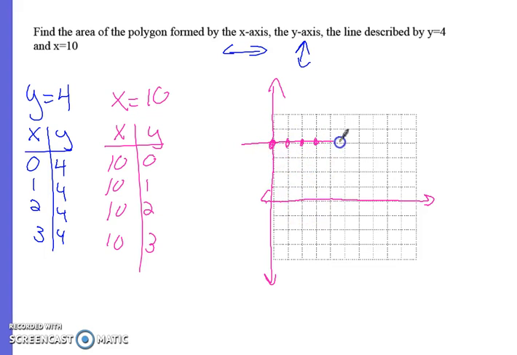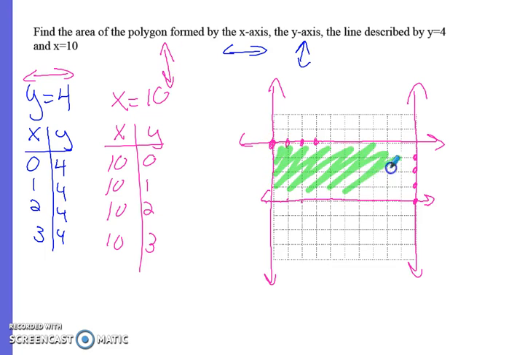You get a horizontal line. Anytime you have a y equals, it's a horizontal line at 4. X equals 10. We got a vertical line. Anytime you have an x equals, it's going to be a vertical line at x equals 10.